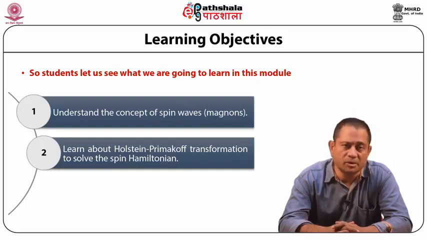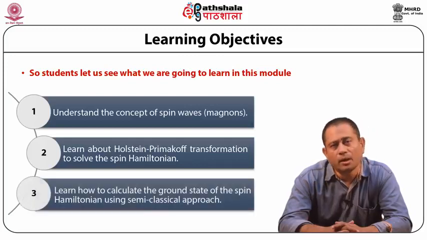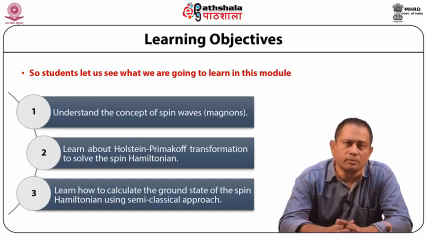This is a very special transformation that you have to learn to solve spin Hamiltonians. Learn how to calculate the ground state of the spin Hamiltonian using the semi-classical approach. The first thing one should learn when given a Hamiltonian is to calculate the ground state.